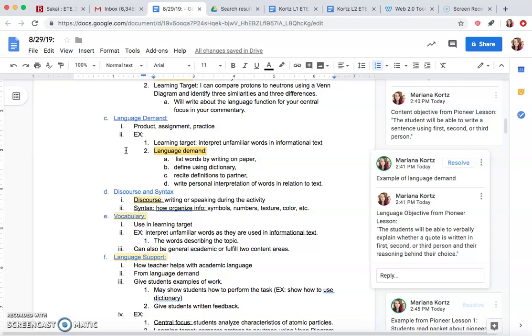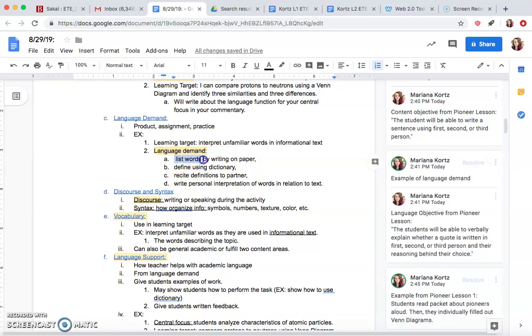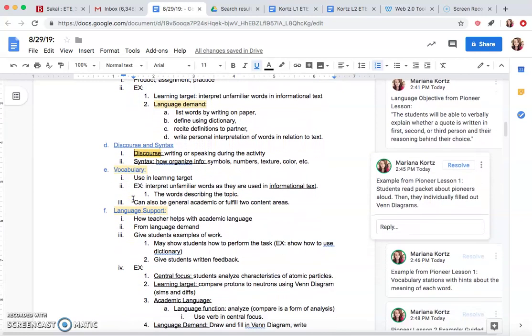I believe that this would be an adequate language demand as it talks about specifically how the students would show their answer, and that would be verbally. They must use their speech in order to show their understanding. In the example I gave before, it says they must write on paper, which is the specific action. All right, next, moving on.